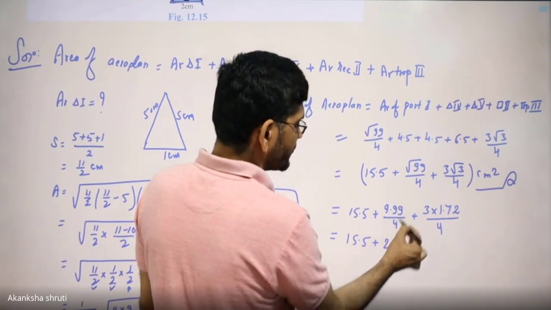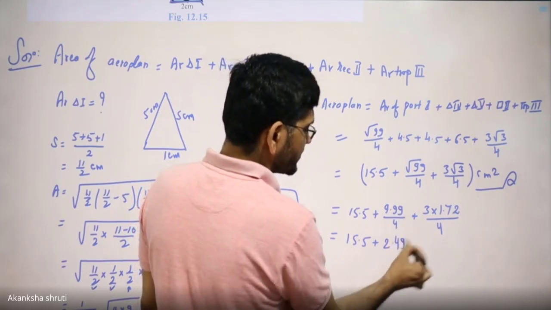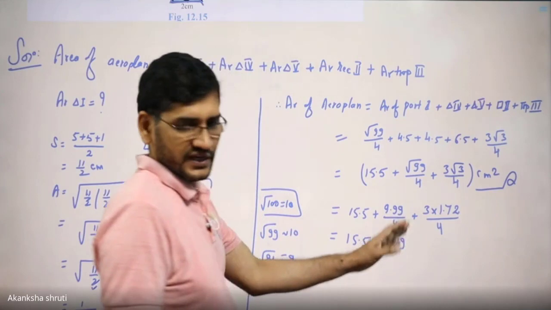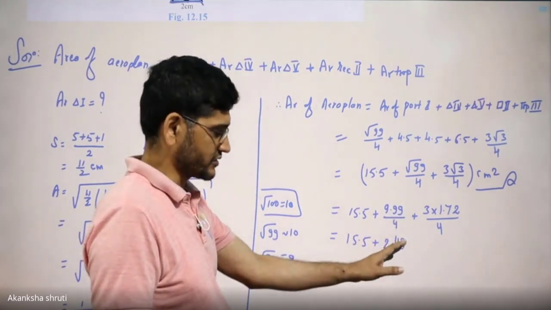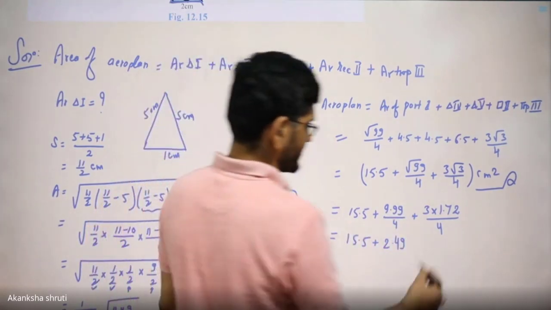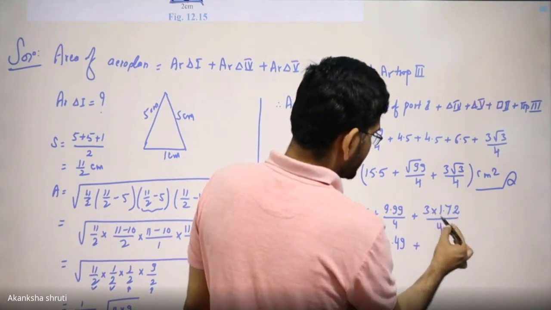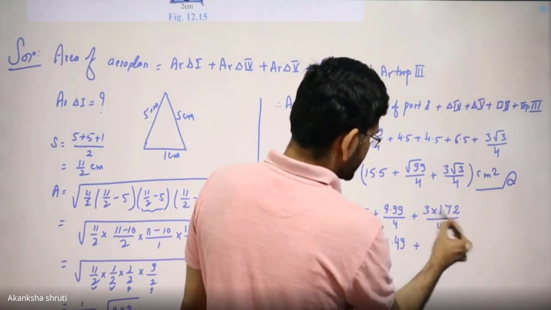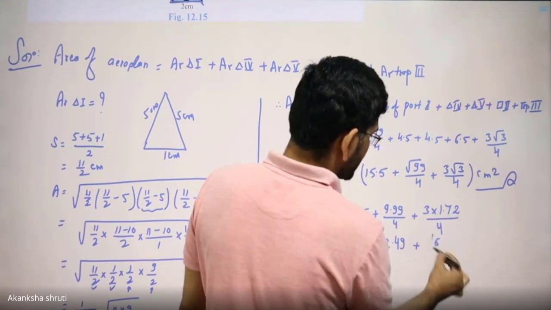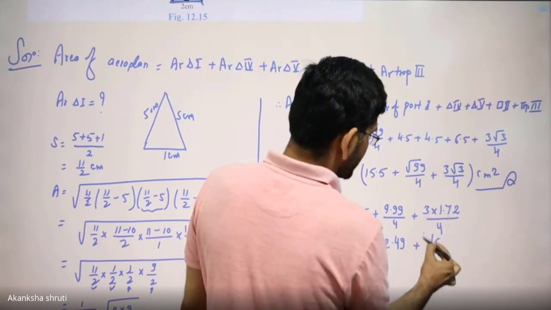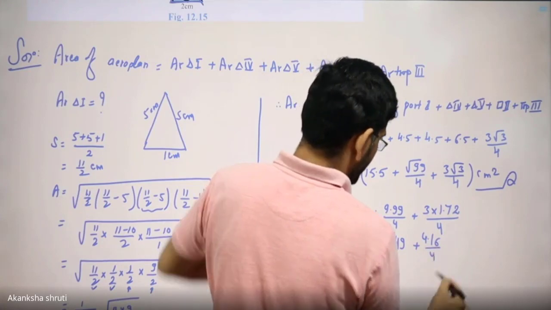Then 4 9s are 36. Again further 9 will keep coming, but take just the approximate value up to 2 decimal places. Plus, it becomes 3 2s are 6 and 7 3s are 21 and 3 1s are 31, 4.4.